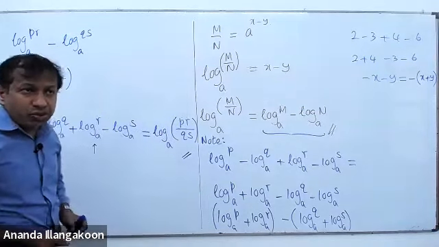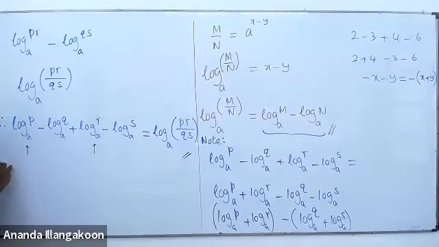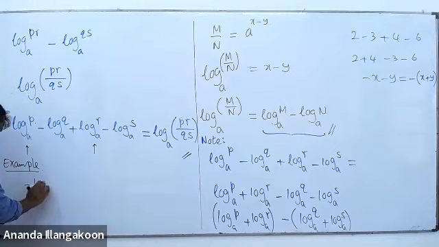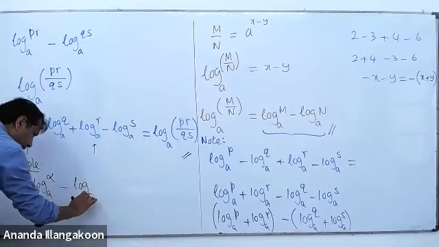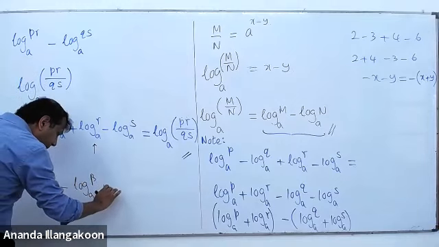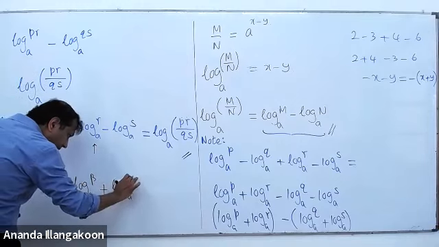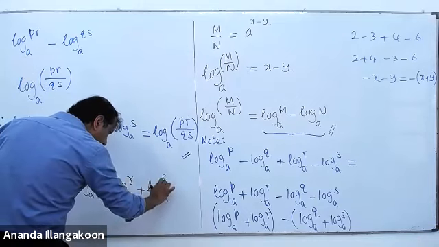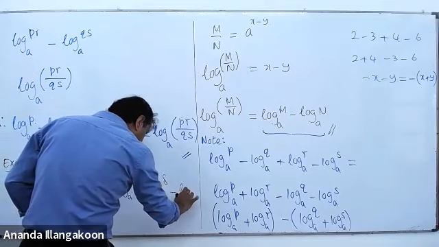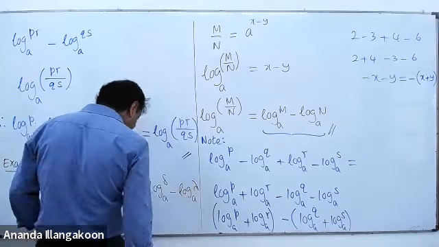Then shall we do this one by using that? Another example. I will write it. Suppose this is minus log A alpha, minus log A beta, plus log A gamma, plus log A delta, minus log A lambda.